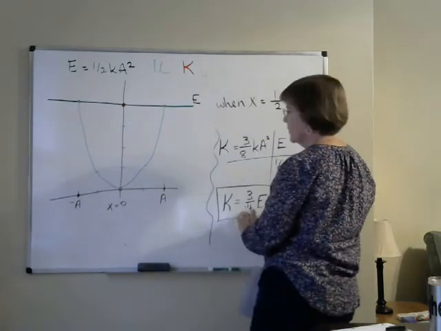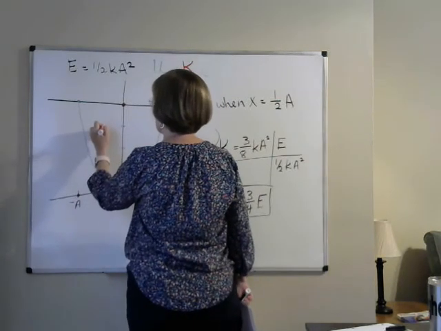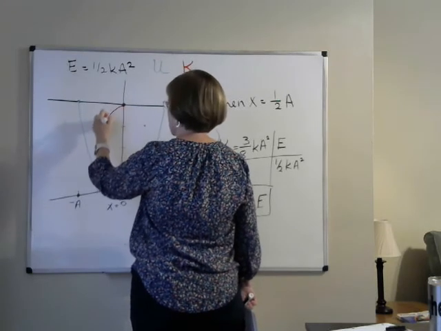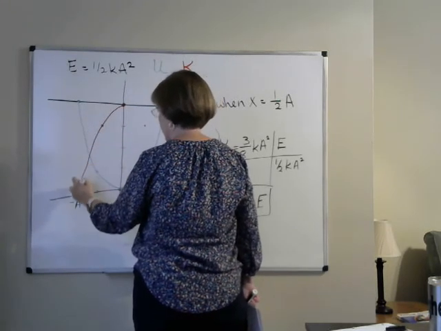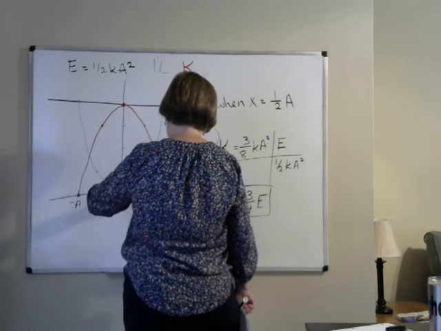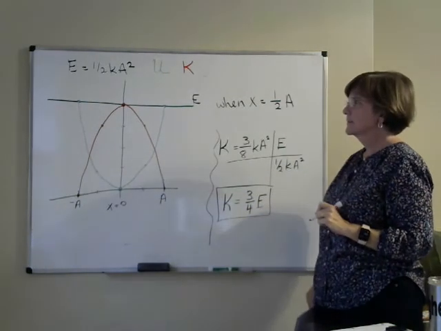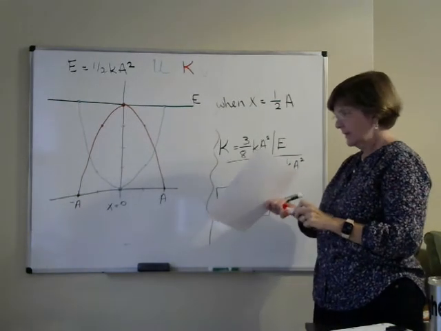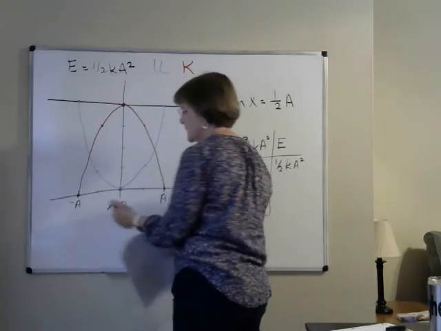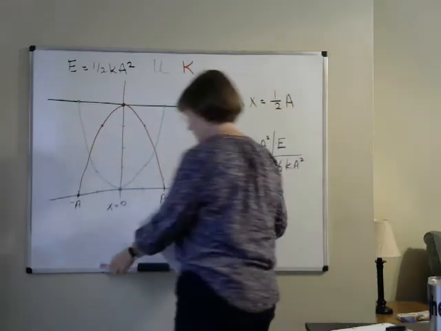At the halfway point, my kinetic energy is 3/4 E. So I get a parabola again, only this one is downward. So you can see as it moves back and forth, we get a continuous exchange from kinetic to potential energy.